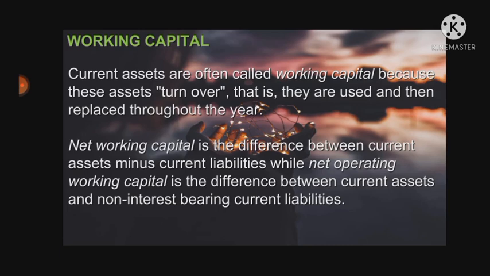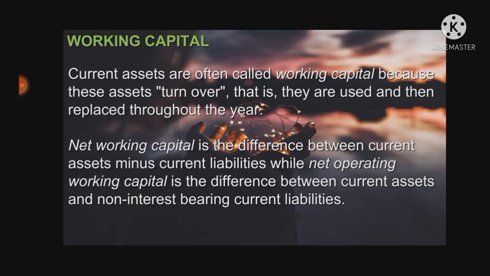Net working capital is the difference between current assets minus current liabilities, while the net operating working capital is the difference between current assets and non-interest bearing current liabilities. So, what are the things under the current assets?